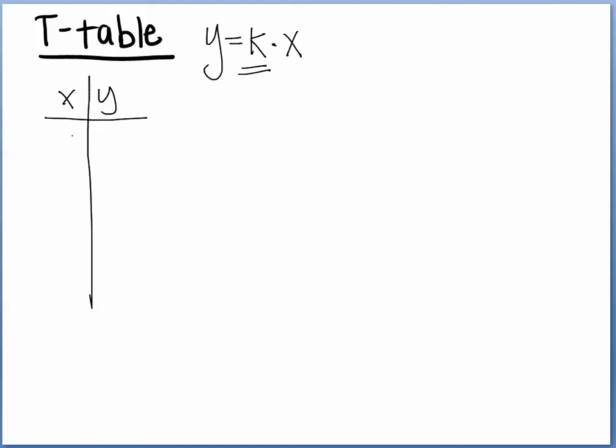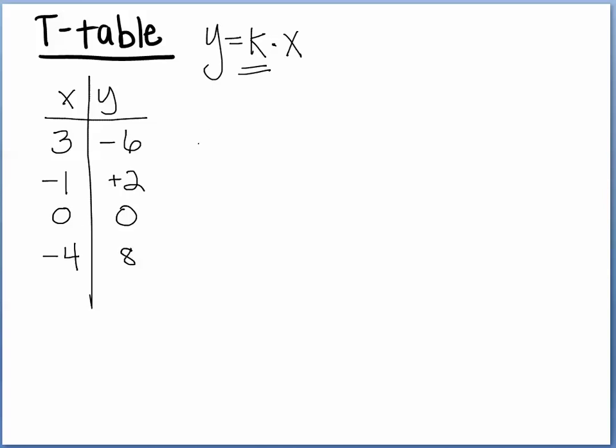We'll start with an easy one. Let's say I have 3, then negative 6. And then let's say I have a negative 1 and a positive 2. Then I have a 0 and a 0. And a negative 4 and an 8.